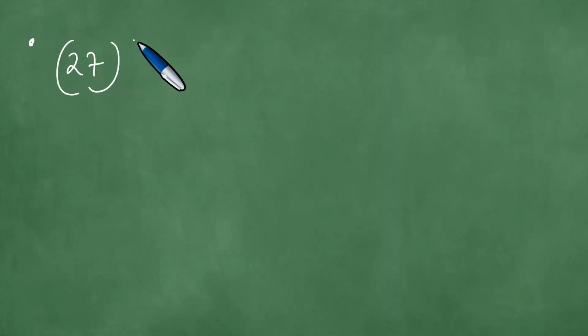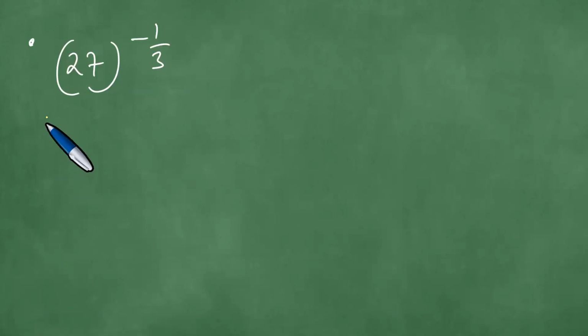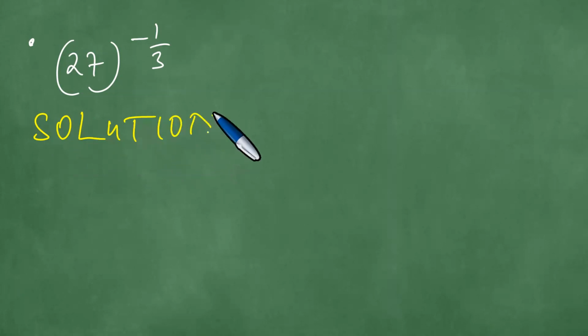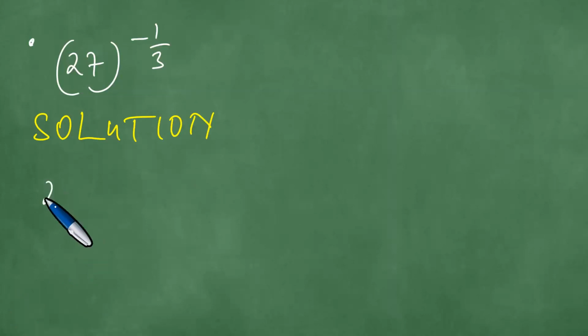27 to the power minus 1/3. What's the answer? What do you do here? Is it 27 over 10? Anyhow, because 27 is a whole number, there's no need to make it over something.